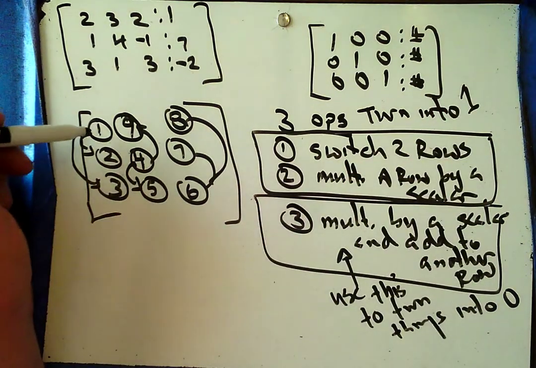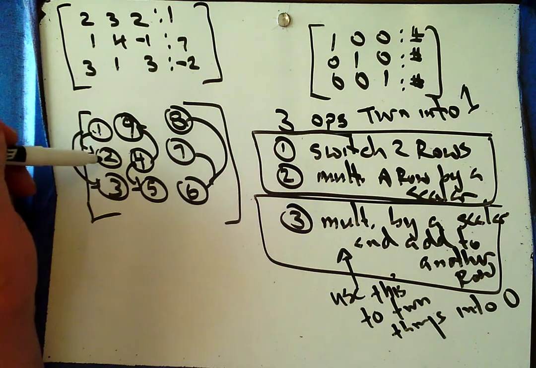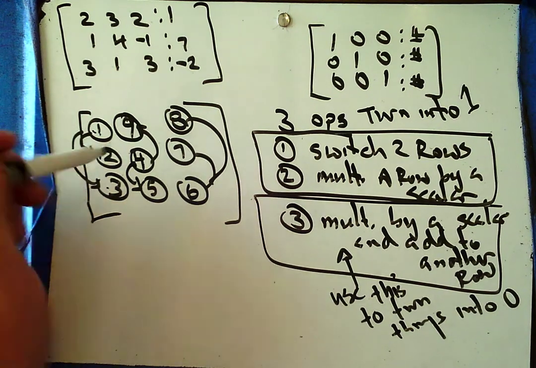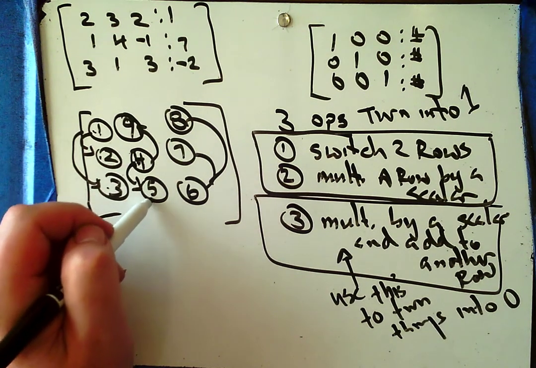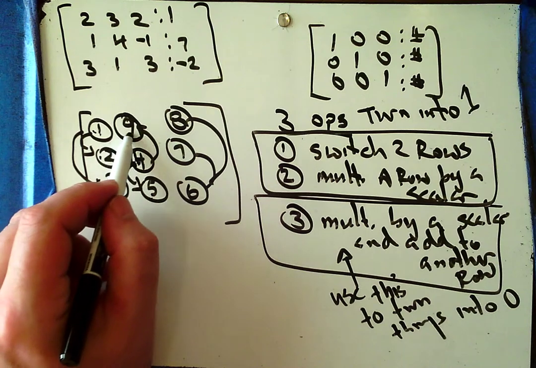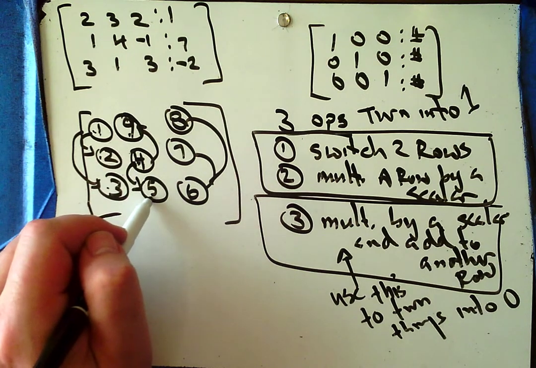Okay, so first step is to turn this into a 1. Then I want to use that to turn these into zeros. I hop down here and turn this into a 1. I use this to turn this one into a 0. Not that one yet. Just this one into 0.